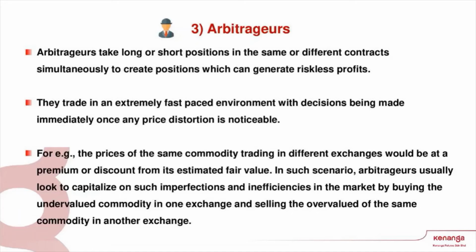So for example, if the prices of the same commodity trading in different exchanges would be maybe trading at a premium or discount from its calculated fair value. In such a scenario, arbitrageurs would usually look to capitalize on such imperfections and inefficiencies in the market by buying the undervalued commodity in one exchange and then selling the overvalued same commodity in another exchange.